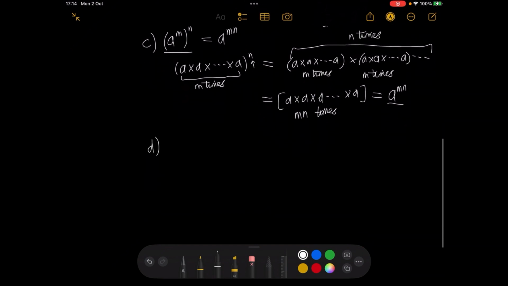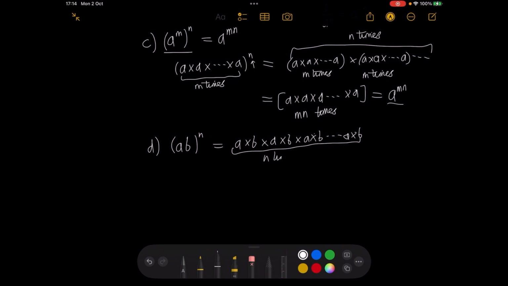Final rule. Let's say this time we have two different numbers multiplied together, and now we raise them to the power of some index. So, for the final time, we'll apply the definition, multiplying out a times b, n times.